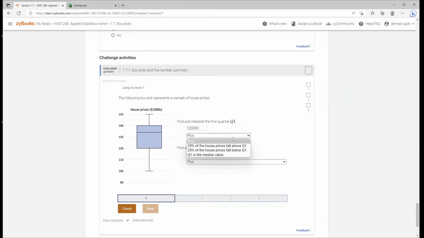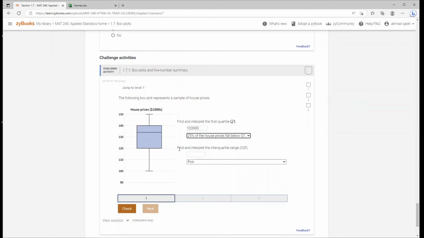And if we hit this drop down here, 25% of the house prices fall above Q1. That's not correct. 75% do. The second is 25% of the house prices fall below Q1. That is the correct answer.